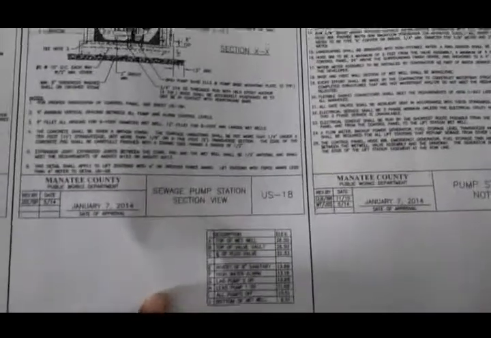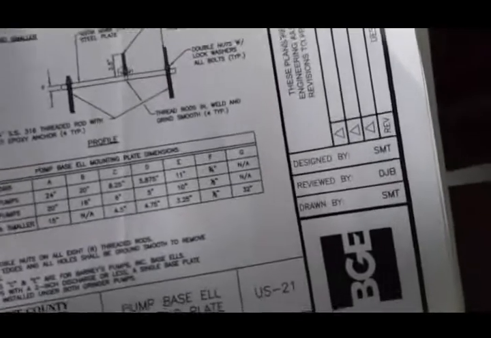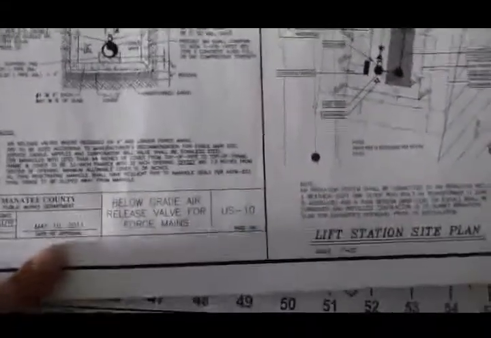Once again, your sewage pump section plan view, sewage pump section view, pump station drop pipe bracing, steel and weld details, pump base mounting plate, release downgrade, release force mains, force main retrofit inside drop, sewage control pump station, sewage control pump electrical.